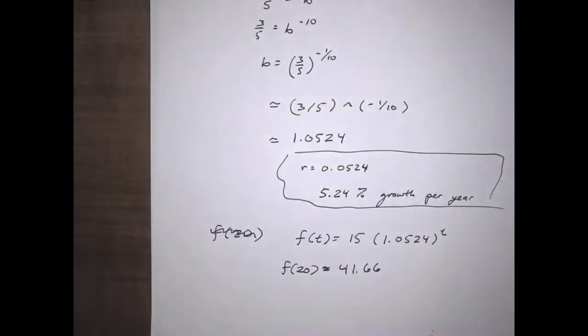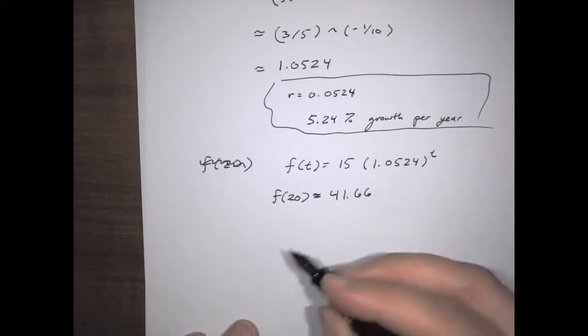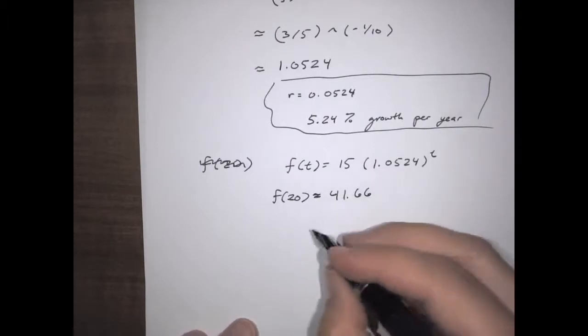So again, we were measuring in thousands, so it's kind of silly to go too far in precision. So f of 20 is about 41.66.